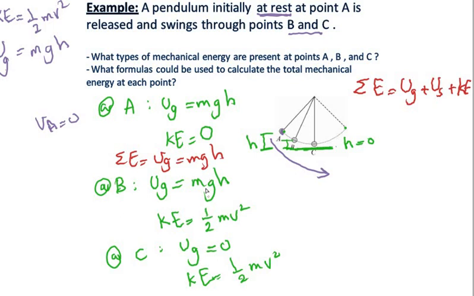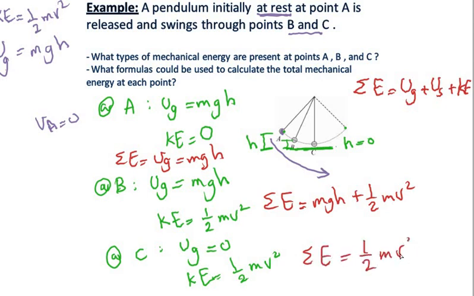At point B, we have them both, so sigma E is mgh plus half mv squared. At point C, Ug is 0, so sigma E is equal to half mv squared, just the kinetic energy at this point.